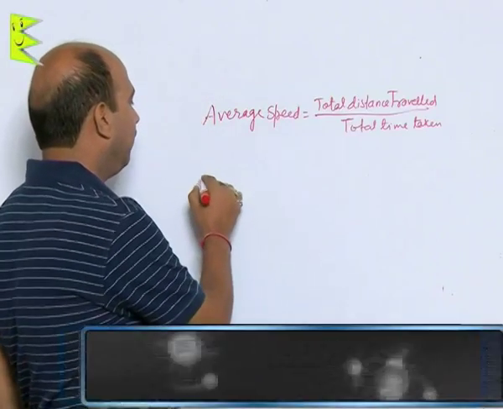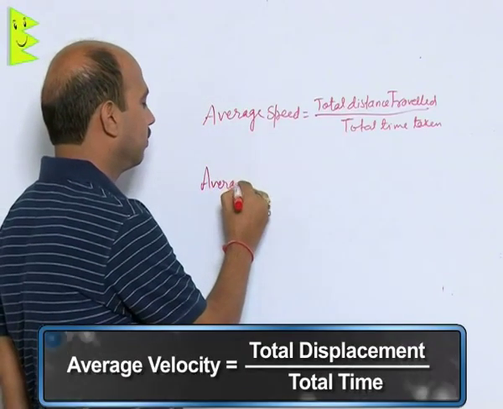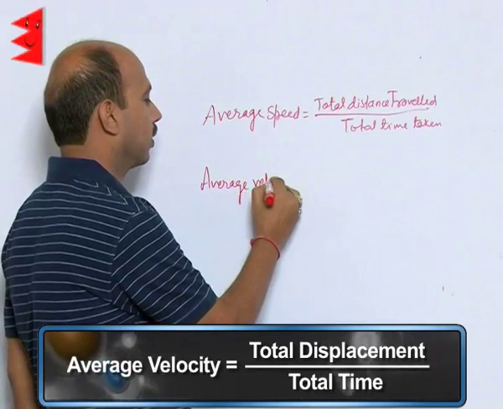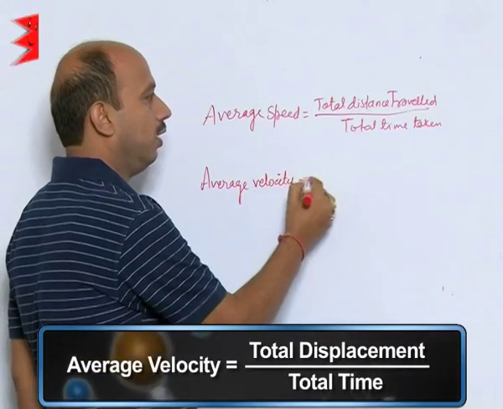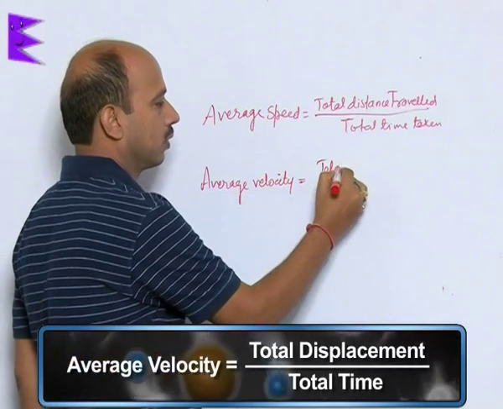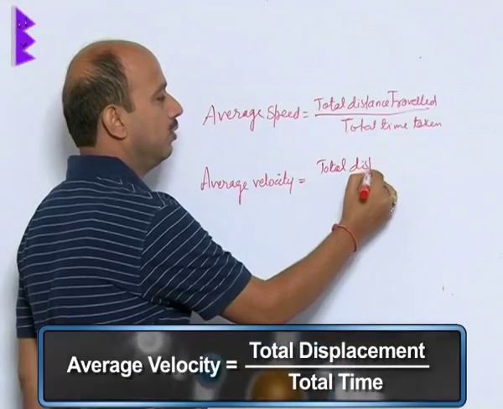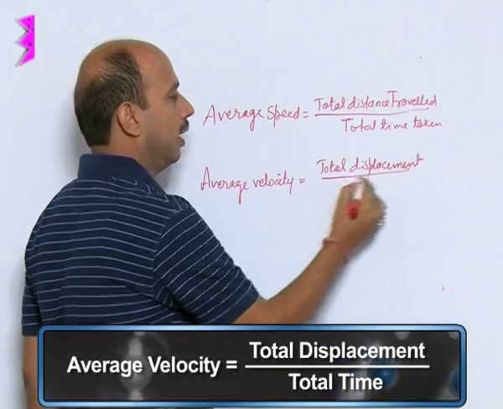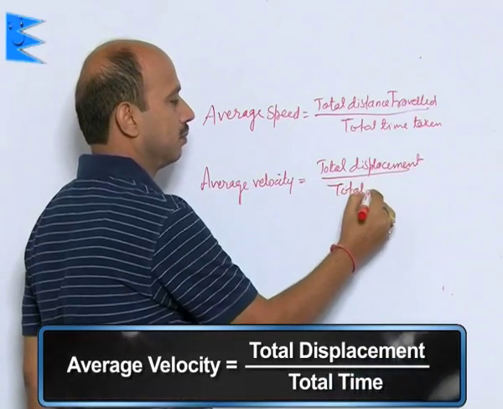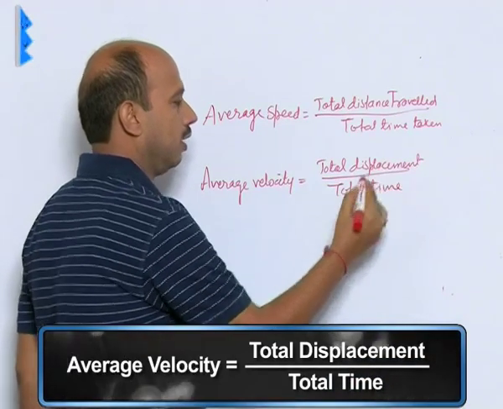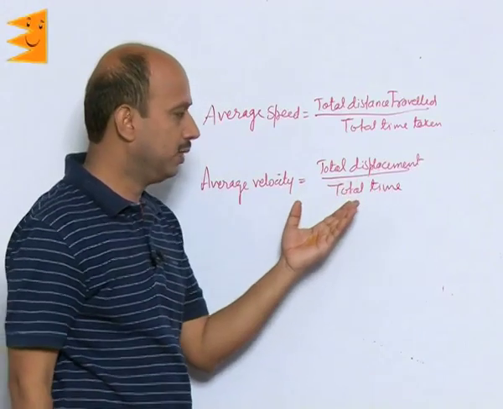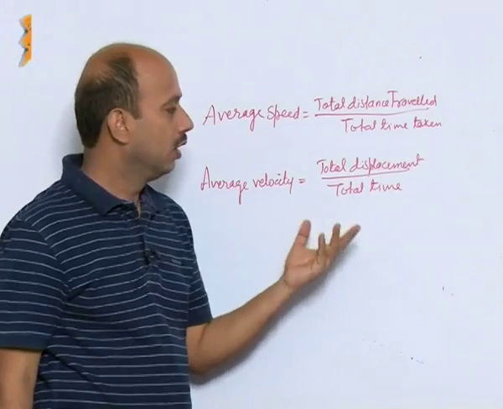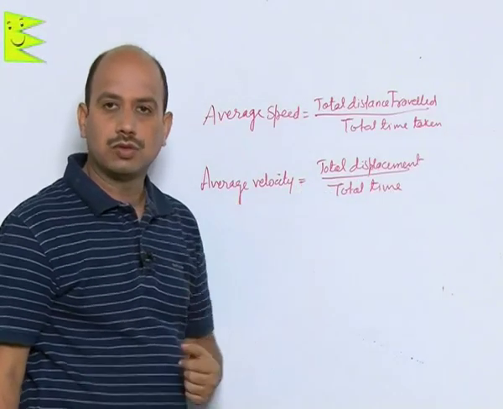Now, average velocity is equal to total displacement divided by total time. So, just find total displacement and divide by total time, and you can get average velocity.